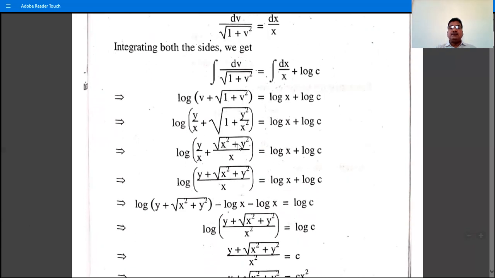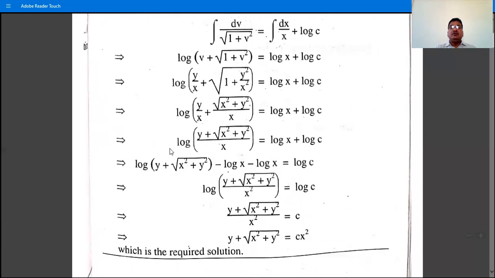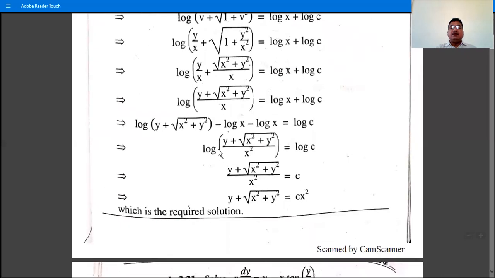Now we have y plus root x square plus y square, and then use the rule log A by B is log A minus log B. Shift this log x to LHS, it becomes minus log x, is equal to log c, and then log minus log x becomes minus 2 times log x, that is log x square. Then use the rule log A minus log B is log A by B: y plus root x square plus y square divided by x square.